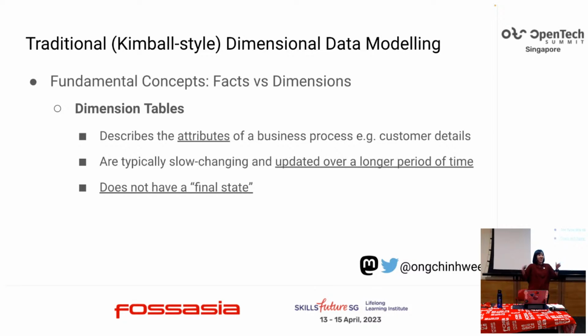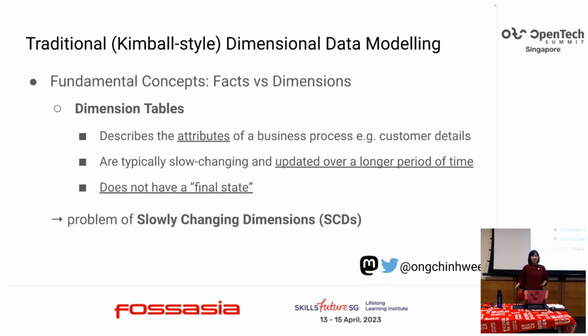So you can't really estimate when the dimension will change. And they typically do not have a final state per se compared with a fact table. And this brings us to the problem of slowly changing dimensions. How do we capture changes that are slow and unpredictable?